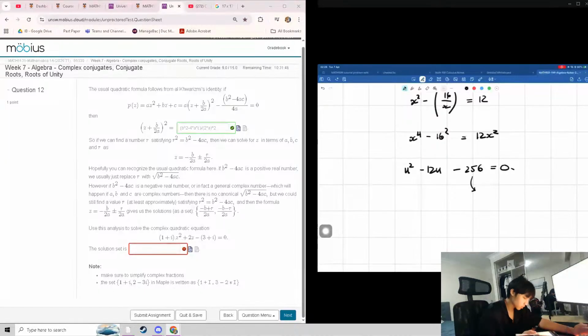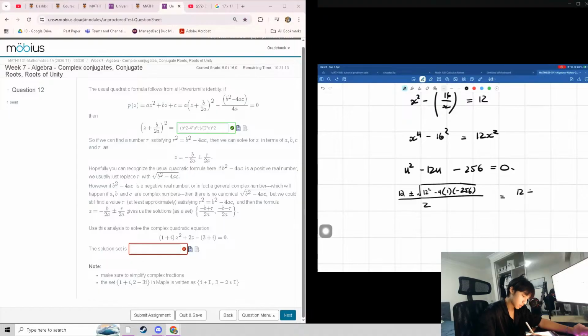That's a really big number, but we're going to use the quadratic formula. So we're going to get 12 plus or minus the square root of 12 squared minus 4 times 1 times minus 256, over 2 times 1, so just 2.